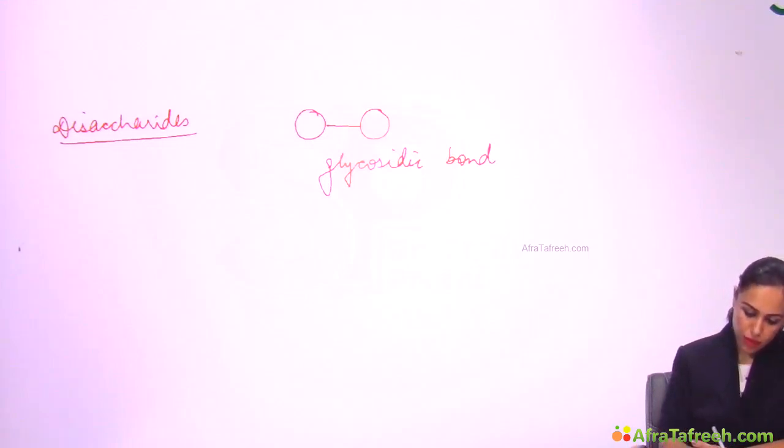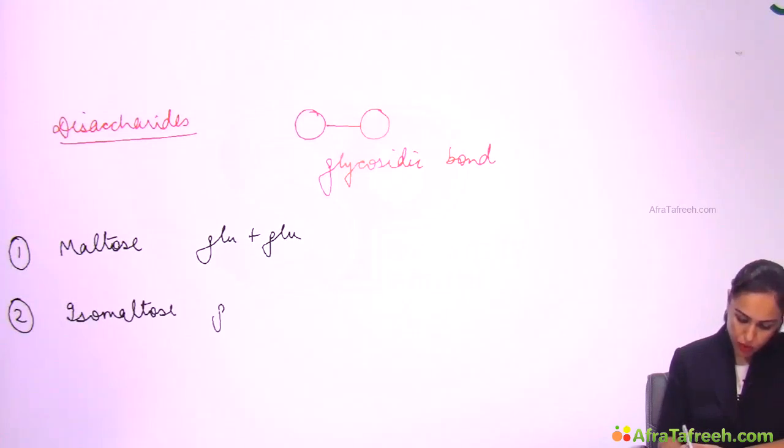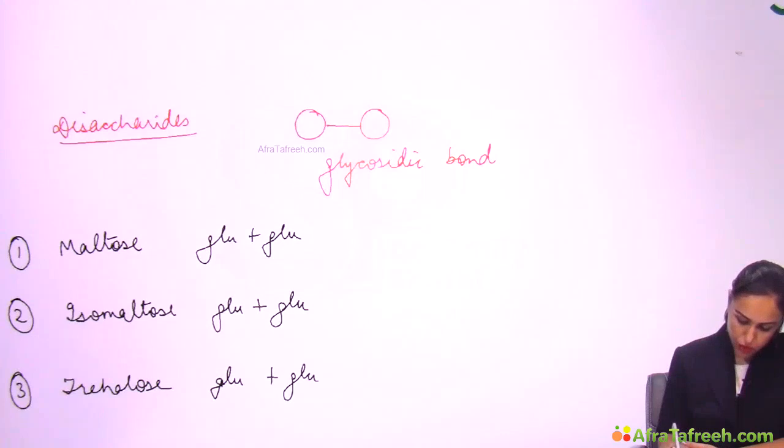So let's take examples. First is maltose. Maltose is made up of two glucose. Next is isomaltose. Isomaltose is also made up of two glucose. Next is trehalose. Trehalose is also made up of two glucose molecules.